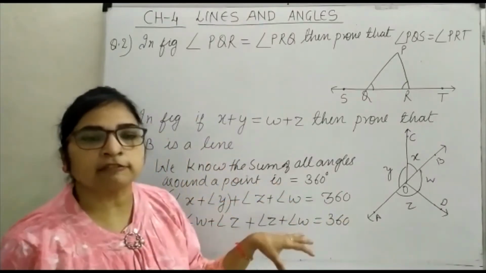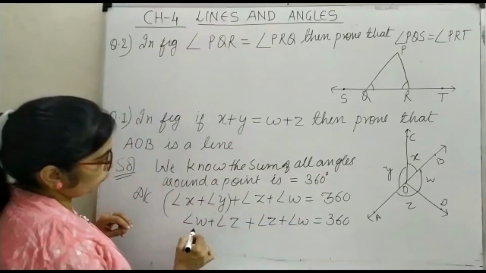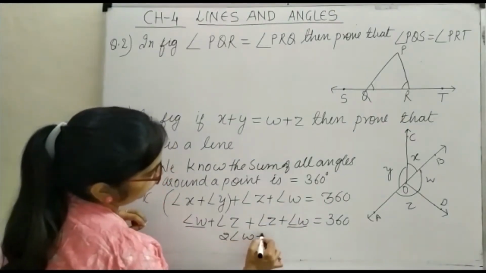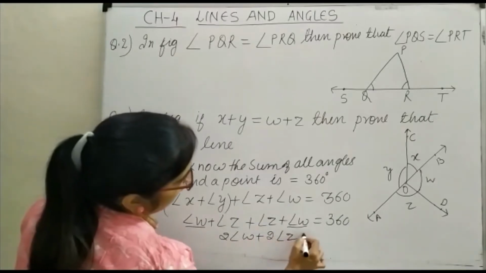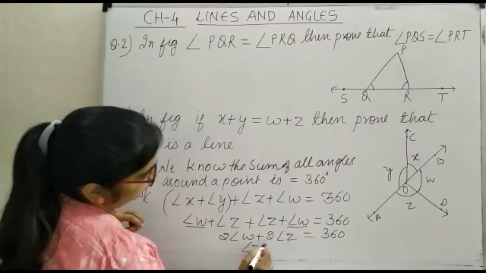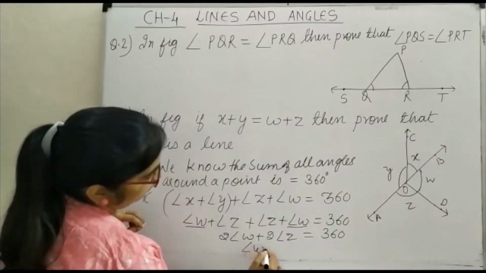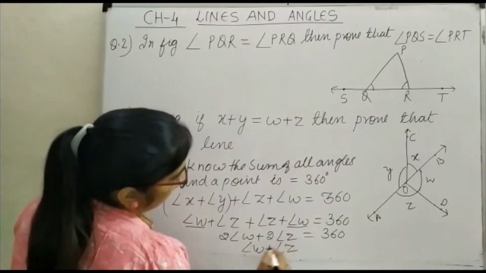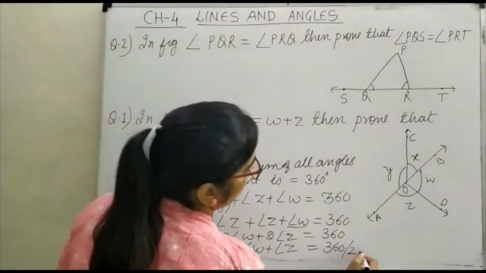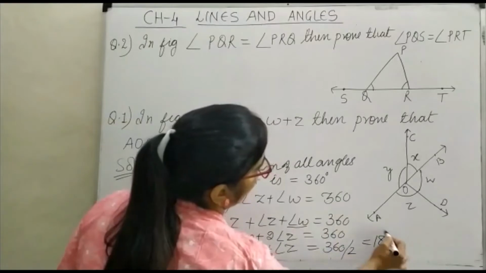So now you can see we have twice angle w plus twice angle z is equal to 360 and angle w plus angle z is equal to 360 divided by 2, that is equal to 180.